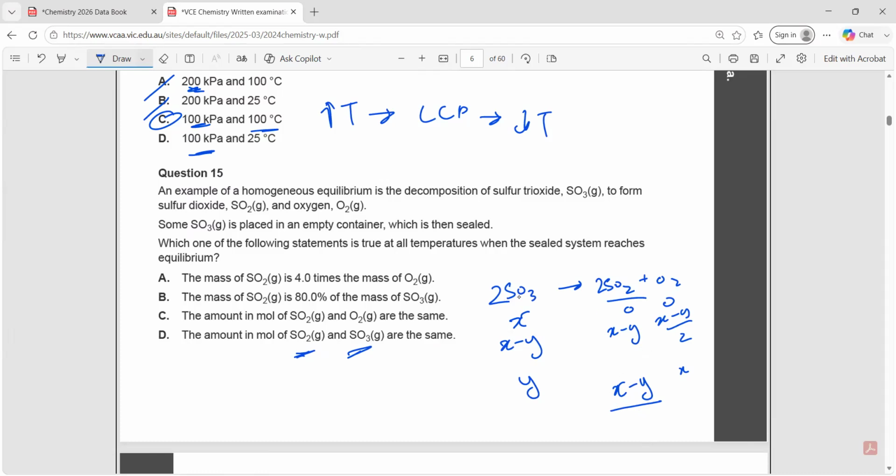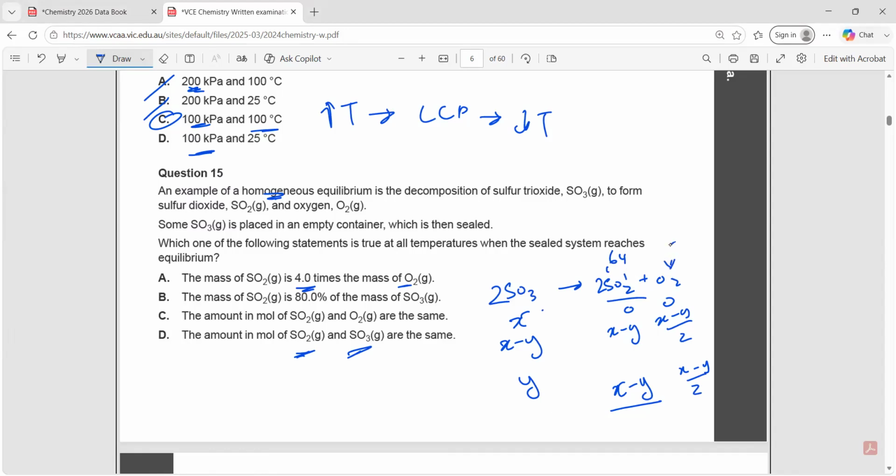The SO2 and SO3 are the same. I don't know what they mean by homogeneous equilibrium. Hmm. The mass of SO2 is 4 times the mass of O2. So this is X minus Y over 2. This is 32, and that's 64.